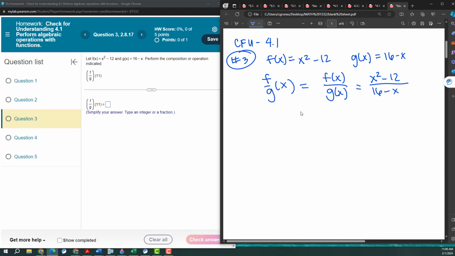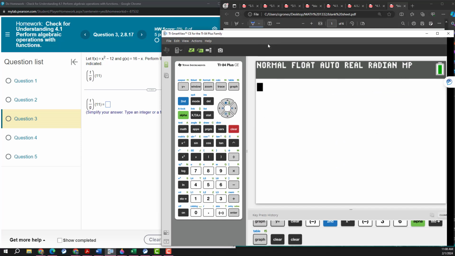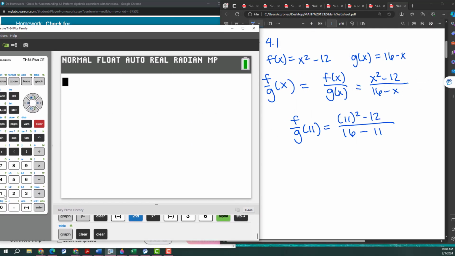Now, if we input 11 for x, then we've got 11 squared minus 12 divided by 16 minus 11. I'm going to put all this into our calculator. I've got 11 squared minus 12, and I'm going to put this all in parentheses.